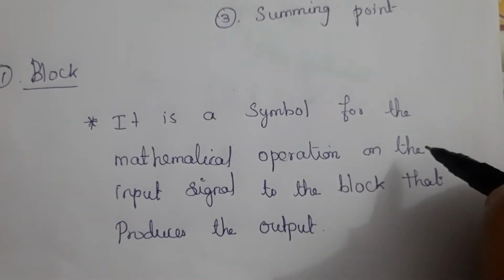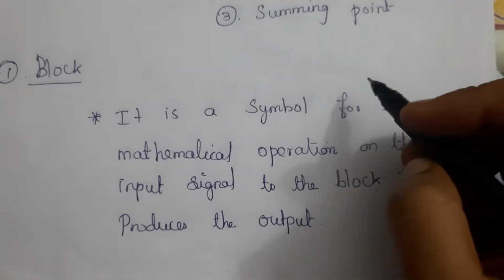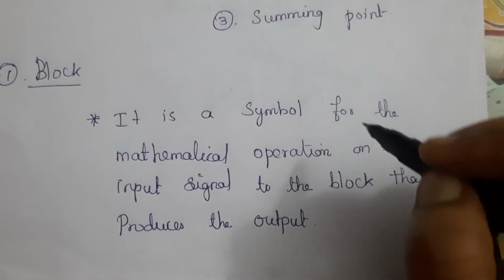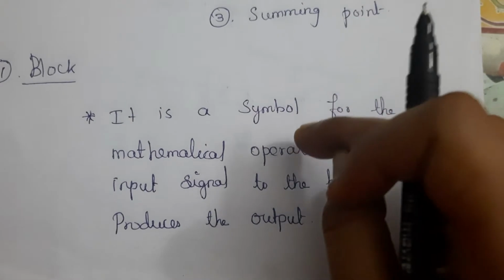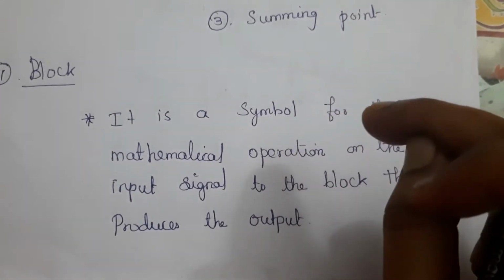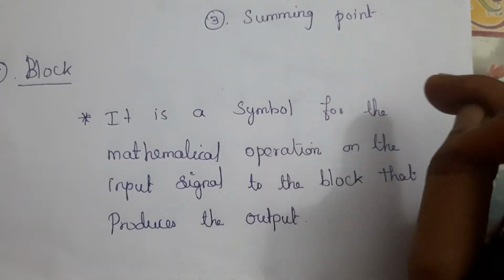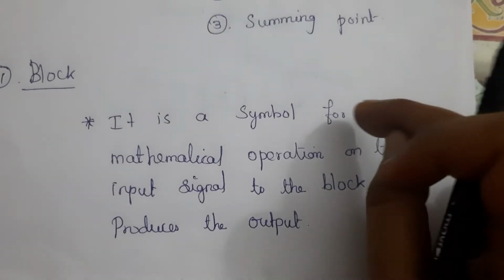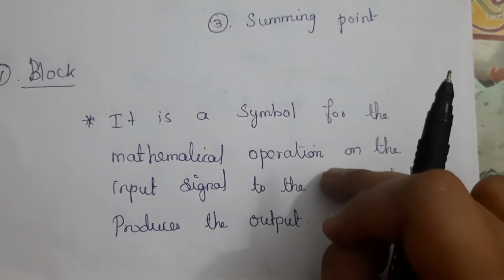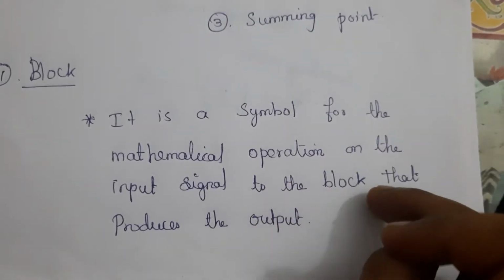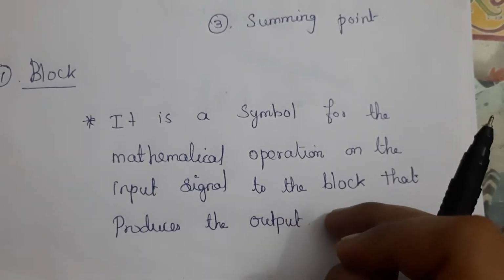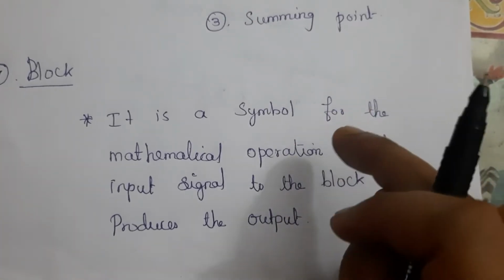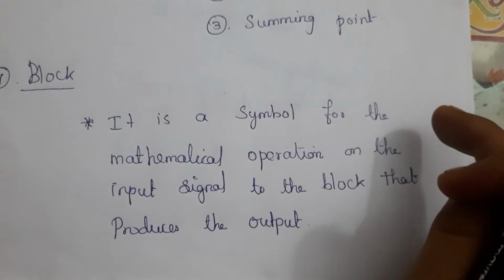So first one is block. A block is a symbol that indicates the mathematical operation performed on the input, and after that mathematical operation it will produce the output. So the block represents the mathematical operation on the input signal to the block that produces the output.